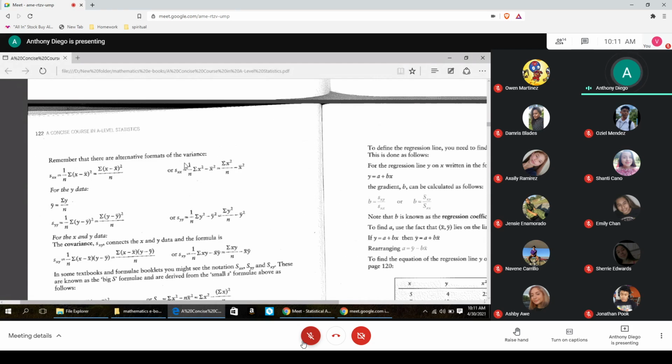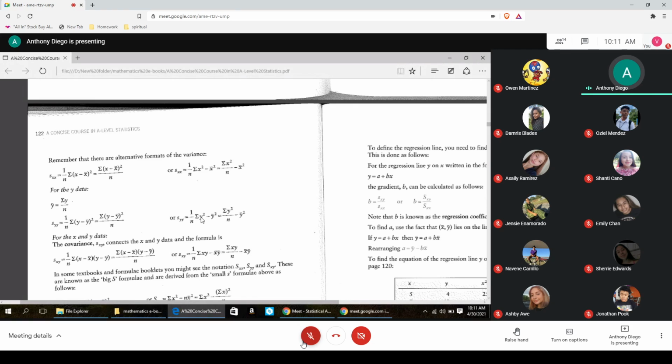This one is the same as this here. These are two different formulas, but the same thing. So you could either use this one or that one. Then for the y data, to find y bar, which is the mean of y, the summation of y over n, I've shown you that.